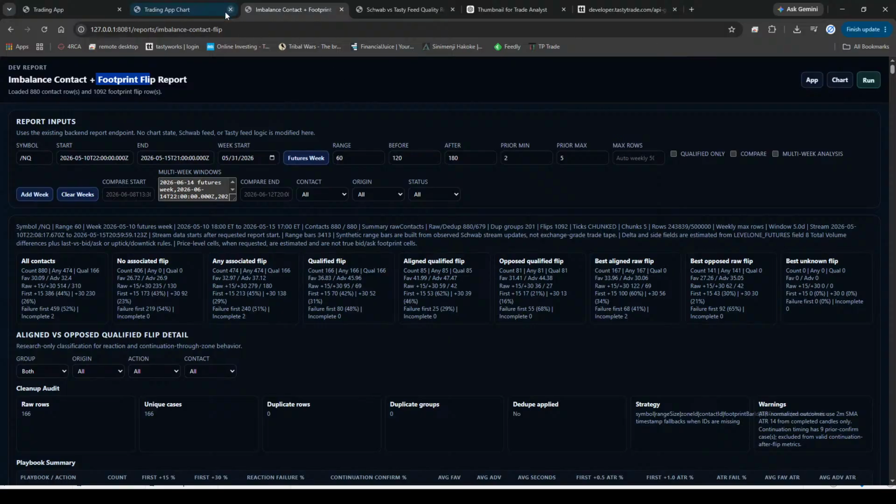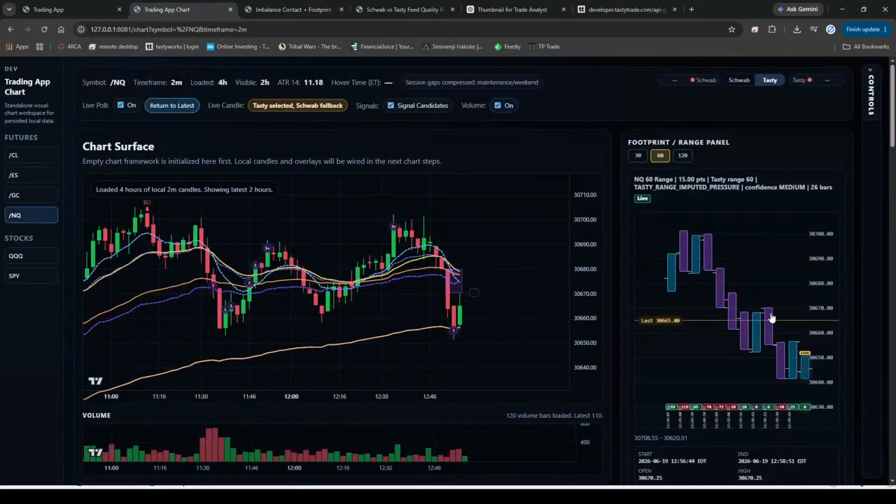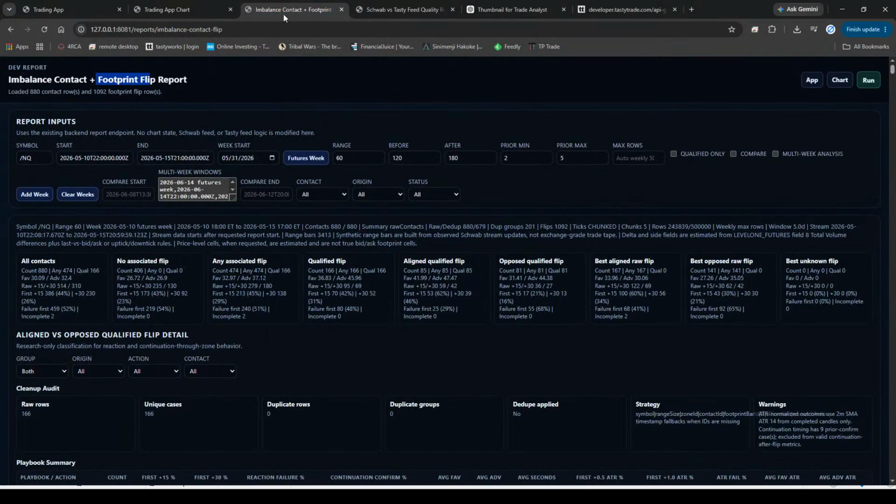And I think I've explained a footprint flip, but I don't know if we have one here. Yeah, we do. We do have flip. So flips are fairly common. If we look here, any associated flip. So this is any flip in general. Flips happen all the time with the footprint. What a flip is, is that you have like a red candle but green delta.